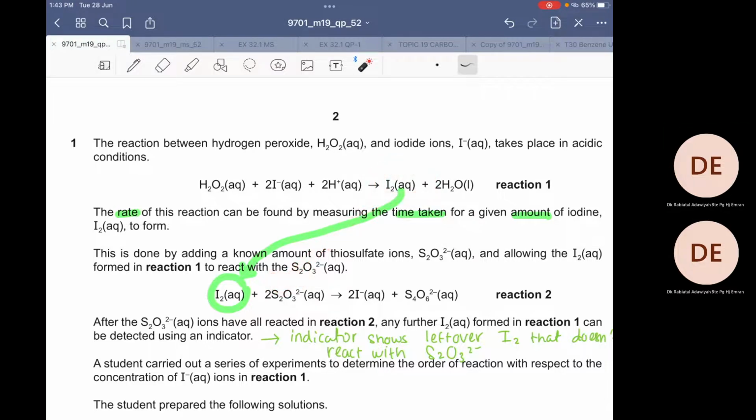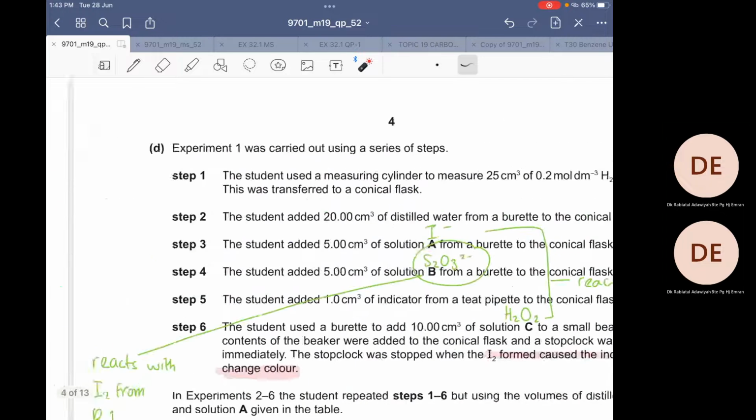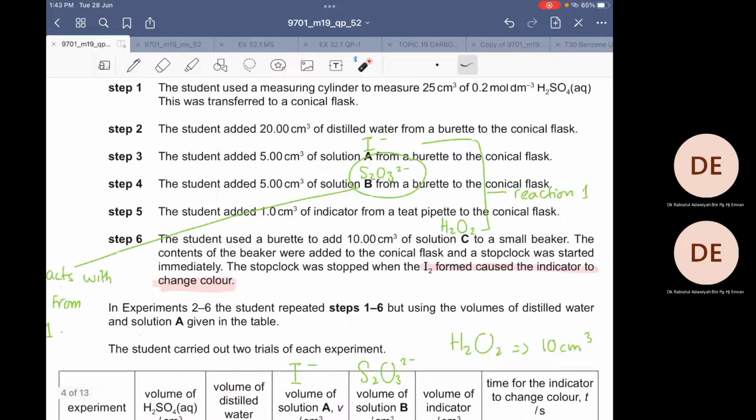The question is asking which step the student did not carry out. Which step involves adding thiosulfate? Thiosulfate is B. Step 4. You all agree?